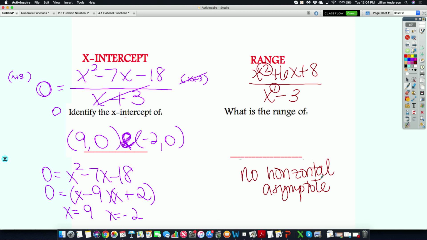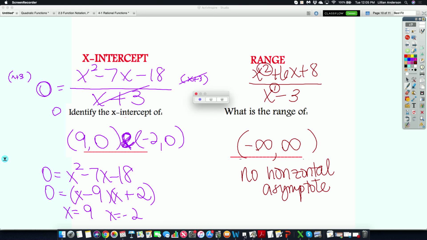So if there is no horizontal asymptote and there is no hole here, right? Nothing cancels. That's going to be (x plus 4)(x plus 2). That means our range, what do you think our range is going to be? All real numbers. Negative infinity to infinity. If there's no horizontal asymptote, and there's no other points of discontinuity, like a hole, then your range is negative infinity to infinity.